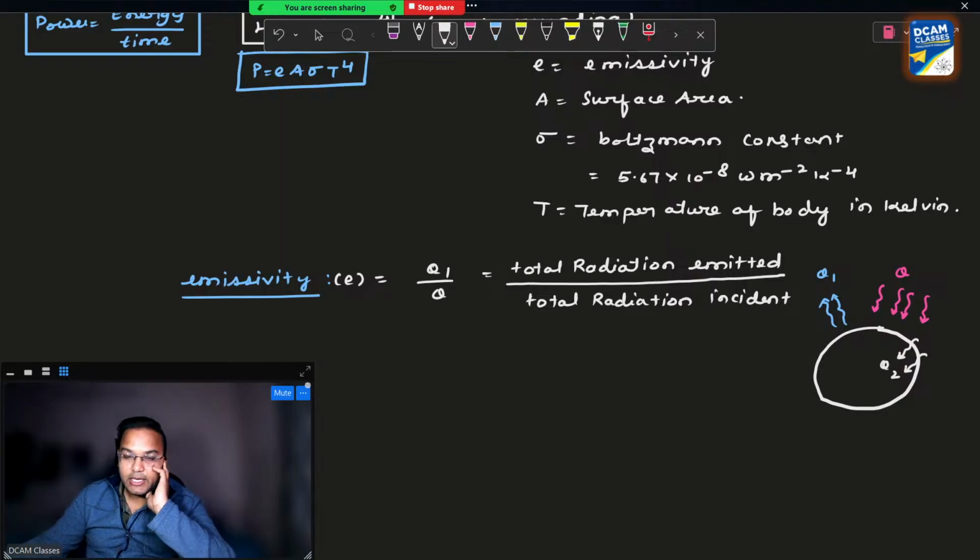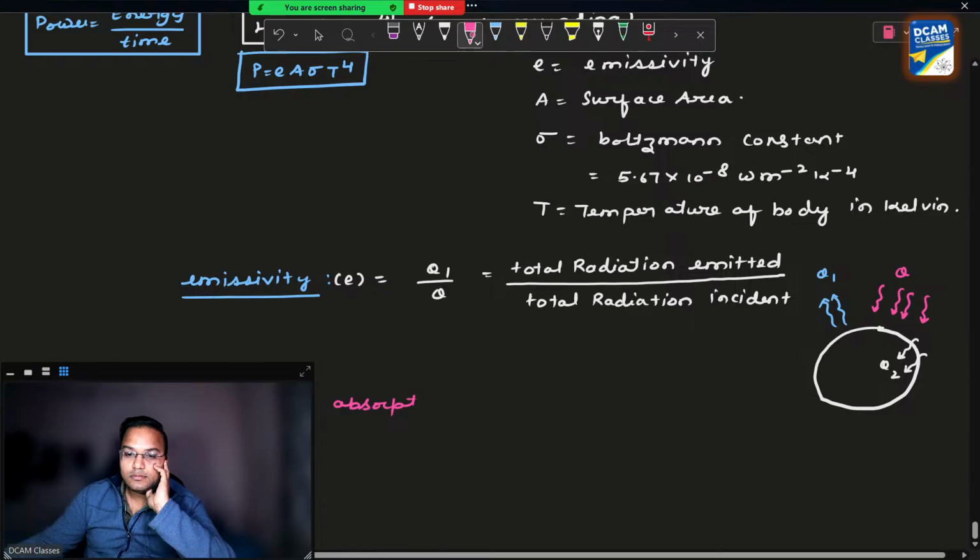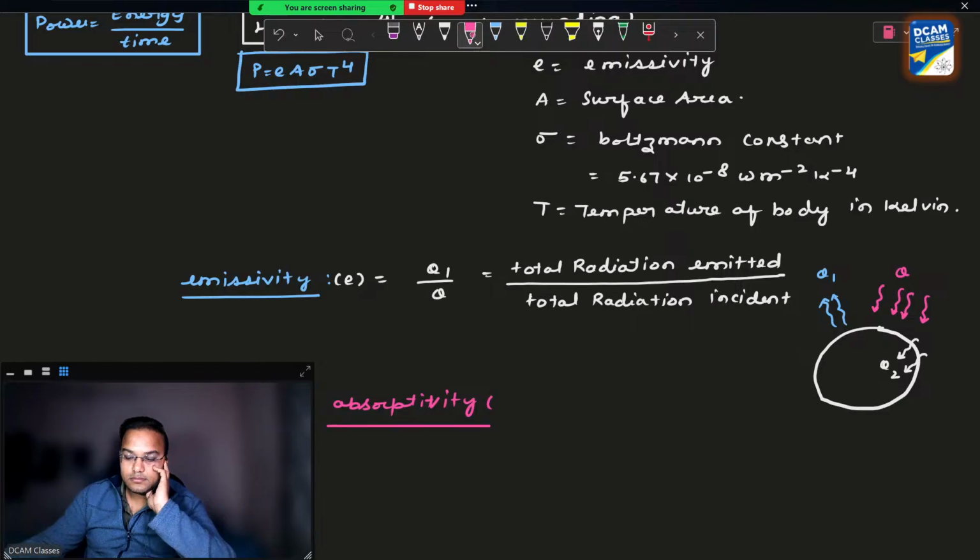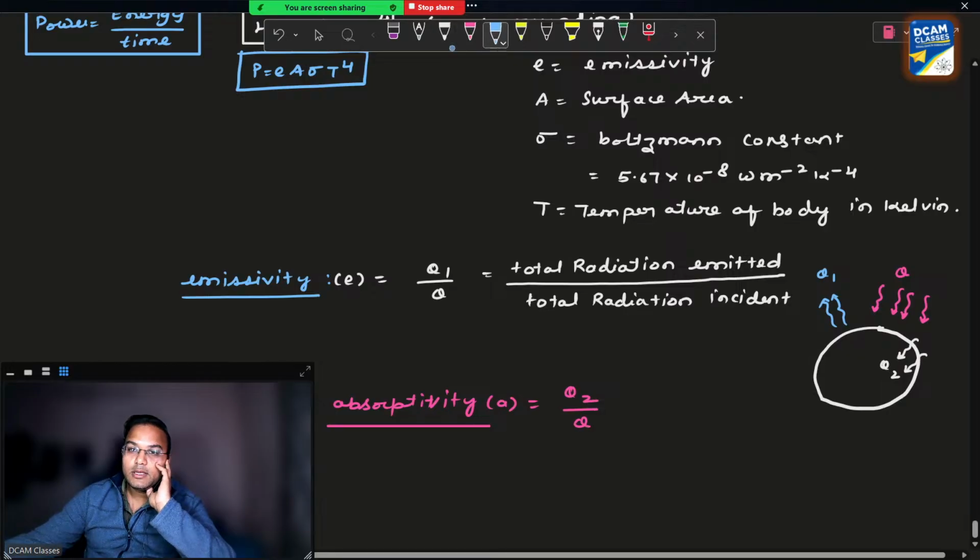And similarly, there is also a term called absorptivity, A, which is Q2 by Q, which you can understand now.